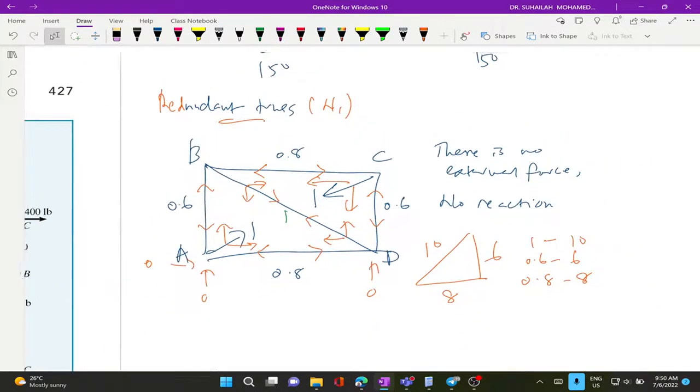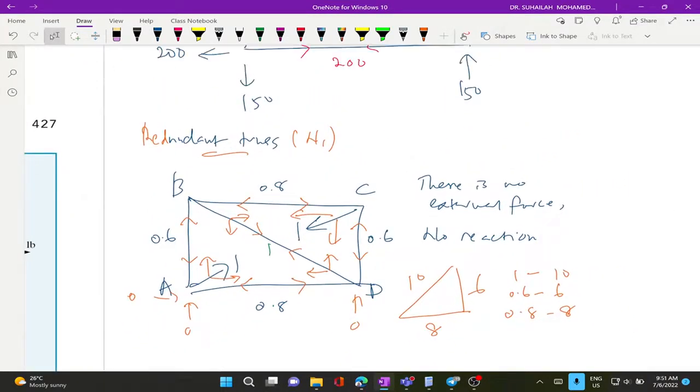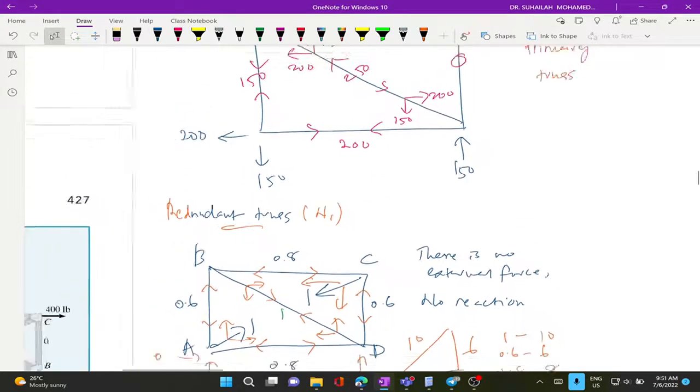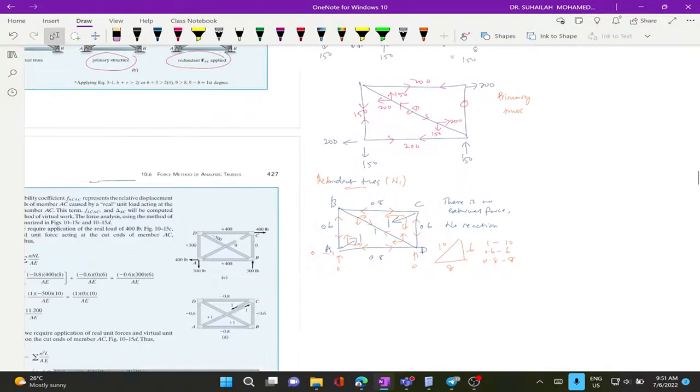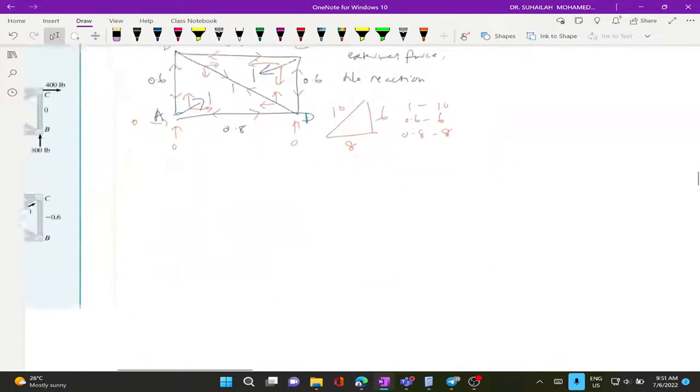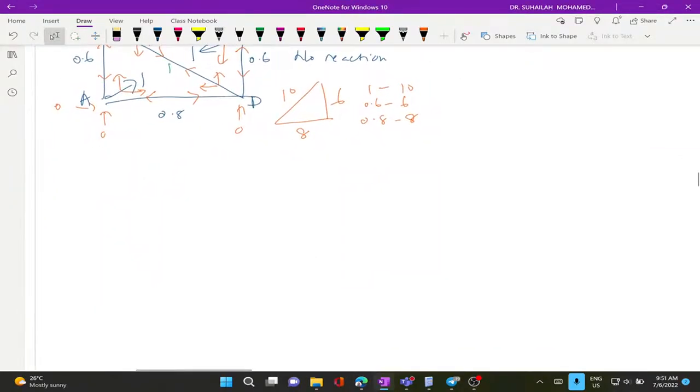So we have to substitute all these values into the table. We know the equation is delta 1 naught plus F11 FAC equal to 0.